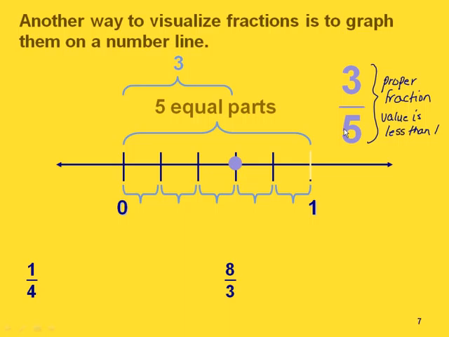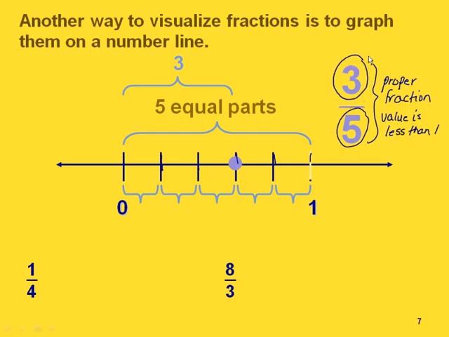So just like if we were drawing a picture of this, 5 is our denominator, so that's the number of equal parts. So we would draw 1, 2, 3, 4, and there's our 5th equal part. Now if we were drawing this as a picture, the 3 would be the part that would be shaded.